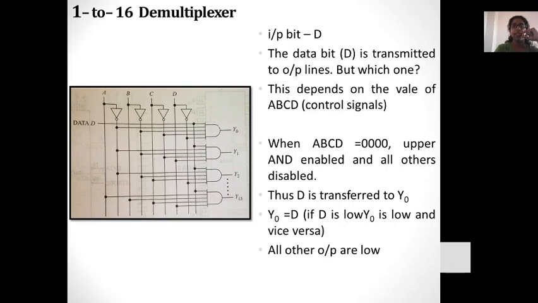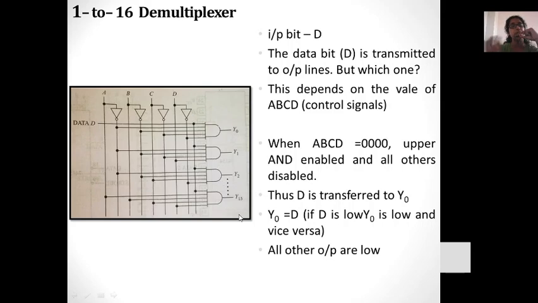A, B, C, D and their complements, input data D, and according to the fundamental product, draw the inputs to the corresponding AND gates from Y0 to Y15. Since there are 16 outputs, the outputs change from Y0 to Y1, Y2, etc., up to Y15. I think you don't need any explanation on how to connect these inputs to the AND gates.